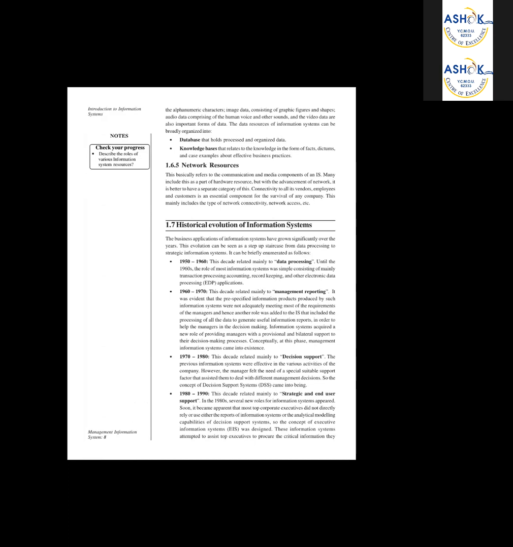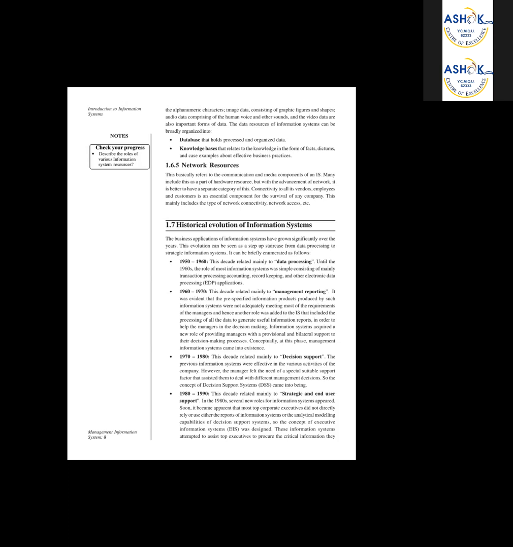Many include this as a part of hardware resource, but with the advancements in networks, it is better to have a separate category for this. Being connected to all its vendors, employees, and customers is an essential component for the survival of any company. This mainly includes the types of network, connected networks, access, etc.